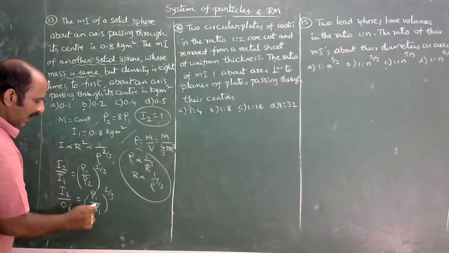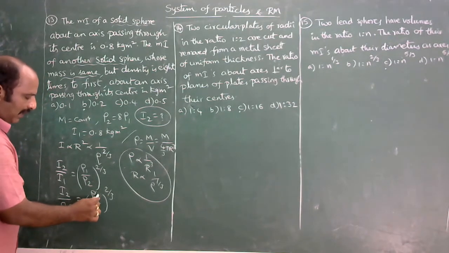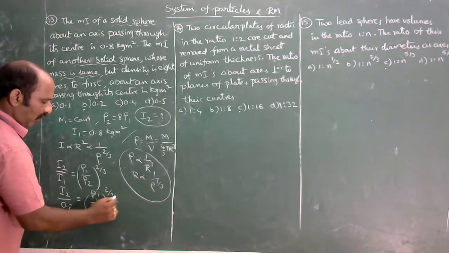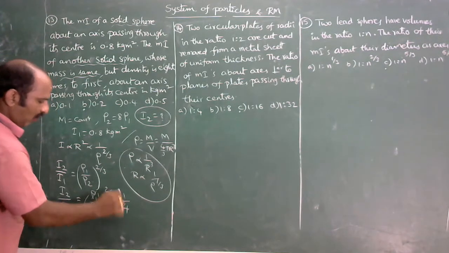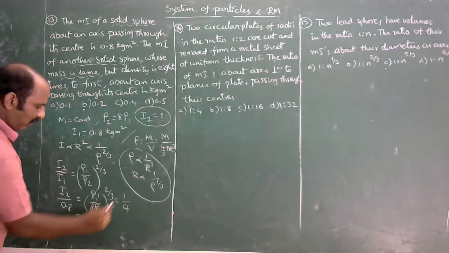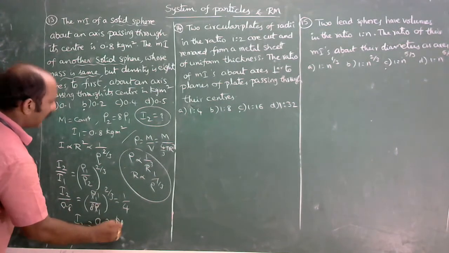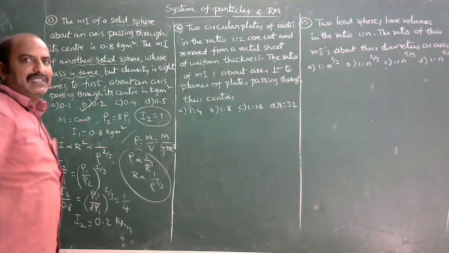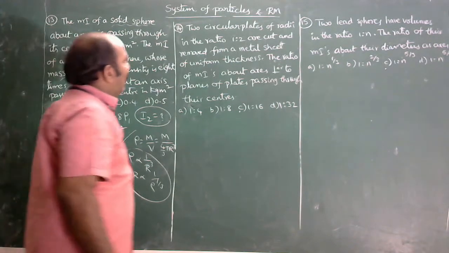Here rho 1 cancels, 1 by 8 can be written as 1 by 2 cube, so finally we get 1 by 4. Finally I2 is equal to 0.8 by 4, which is 0.2 kg meter square. Option B is correct. Next one.